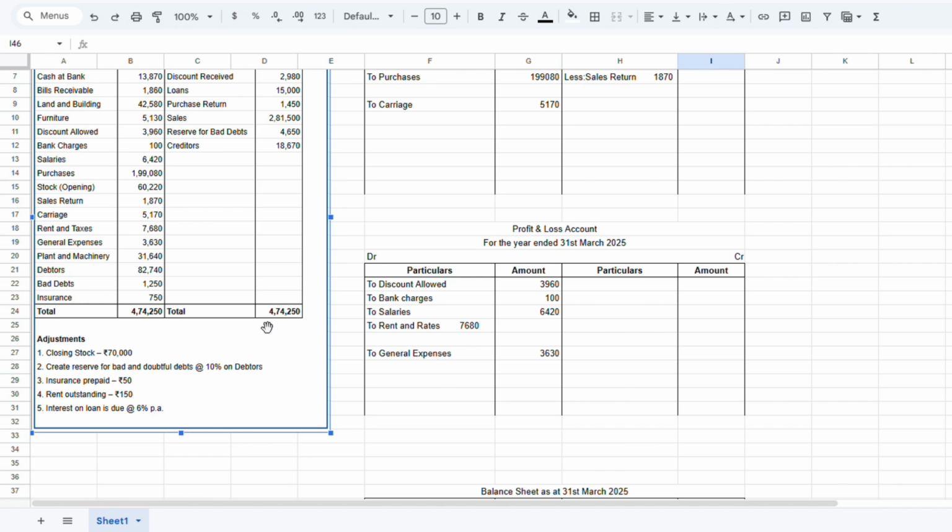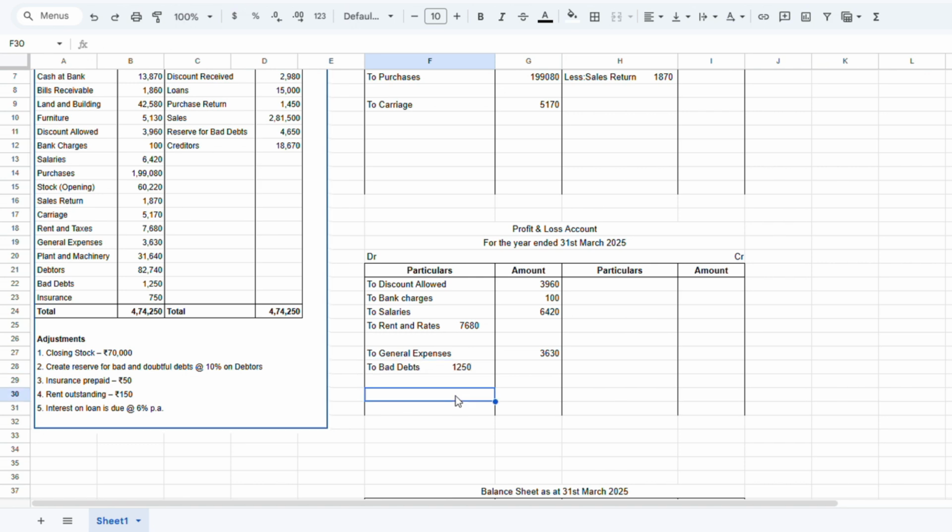Bad debts is an expense because we will not get the money. So we record it in the profit and loss account debit side, to bad debts 1,250. But we have an adjustment, so we will take it in the inner column.